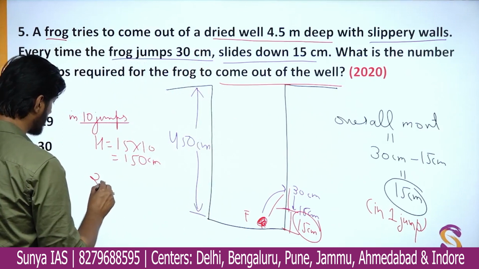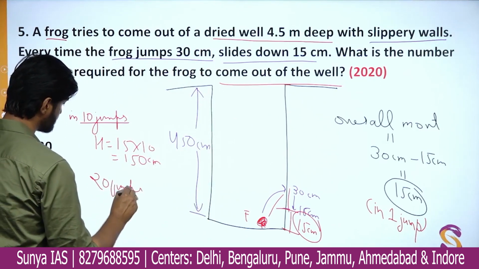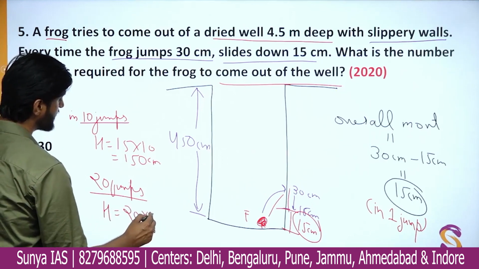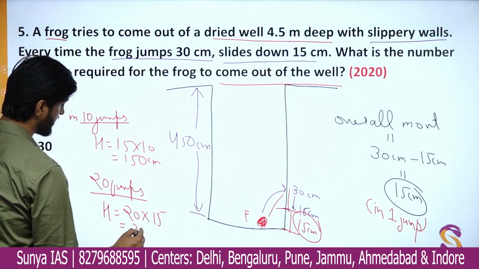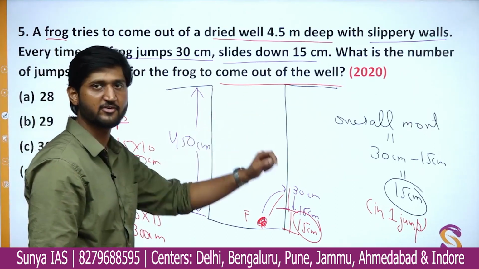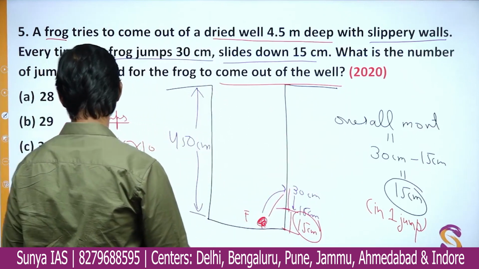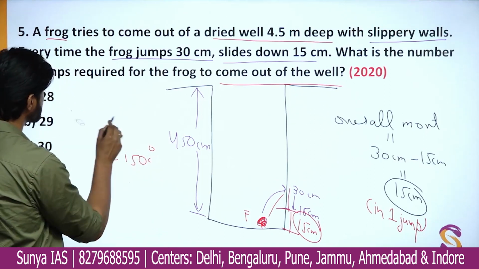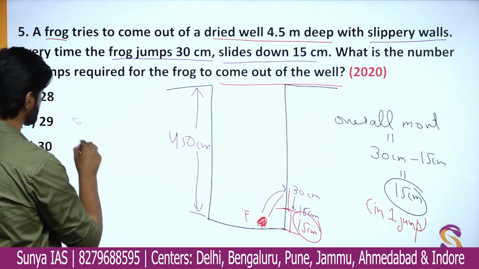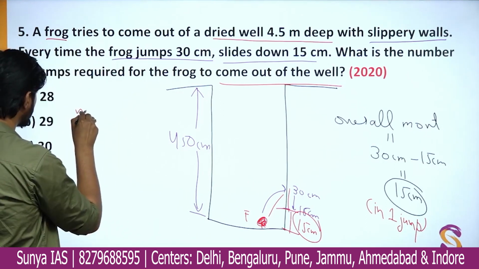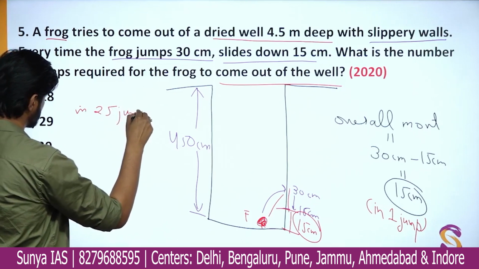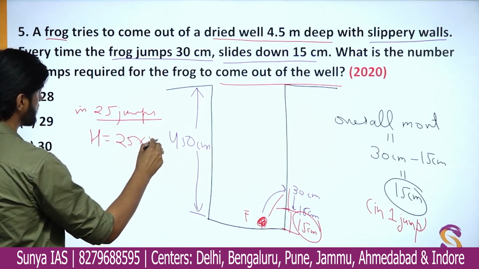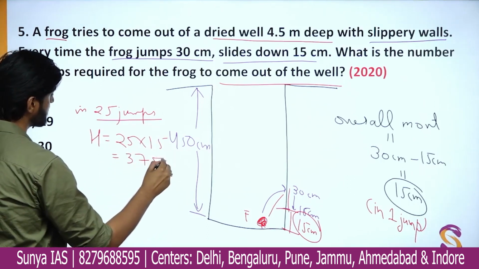So let's say he is now making 20 jumps. The height he will reach will be 20 into 15, that is 300 centimeters, still less than 450. So now let us say he is making 25 jumps. In 25 jumps, he will be able to reach a height of 25 into 15, which comes out to be 375 centimeters.